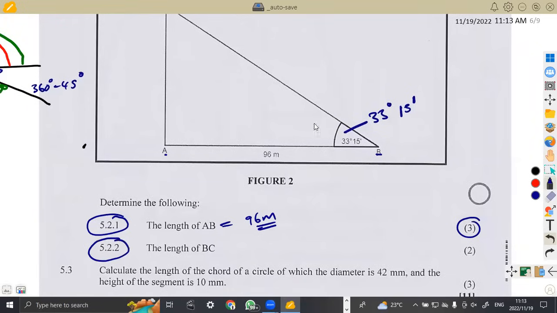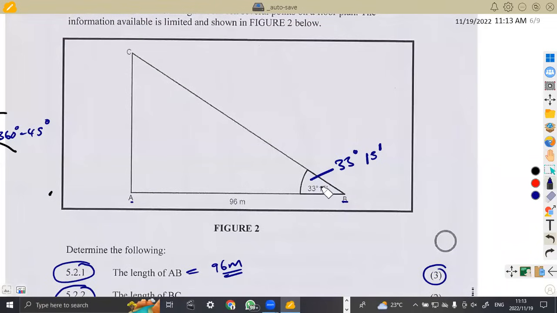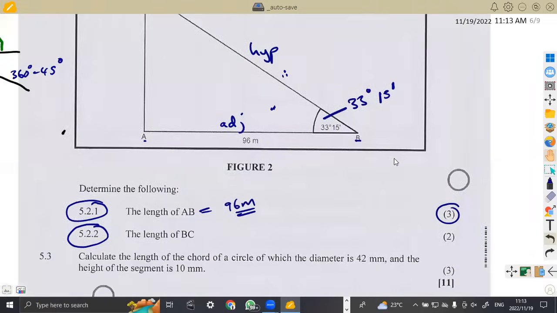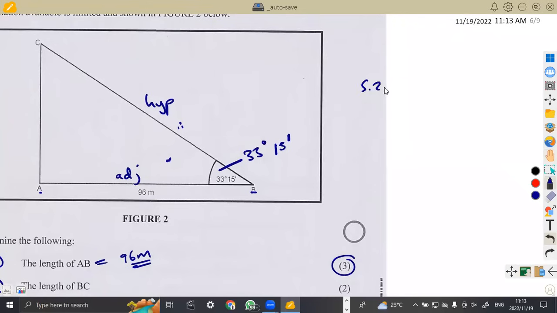5.22, the length of BC. So BC here, this is our BC, this length. According to this angle, we know this is our adjacent and this is the hypotenuse, the side that we are given. Which means we can apply our ratios.